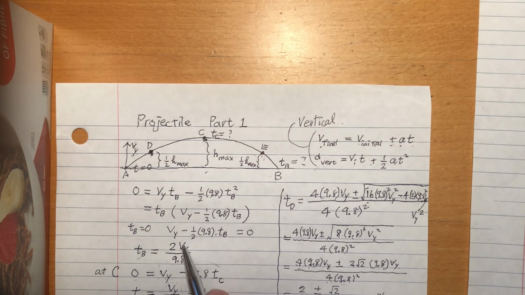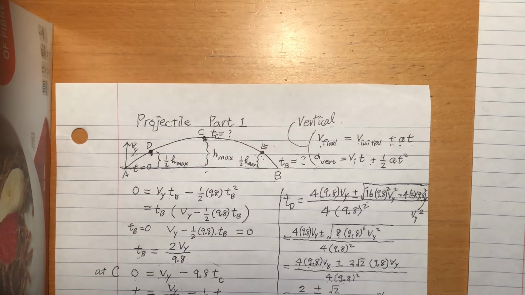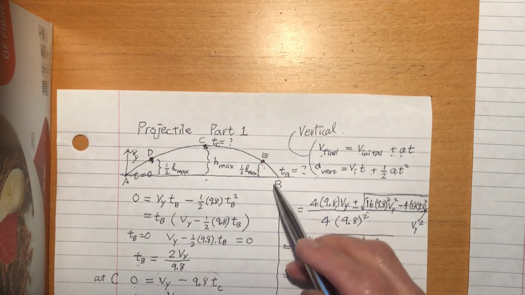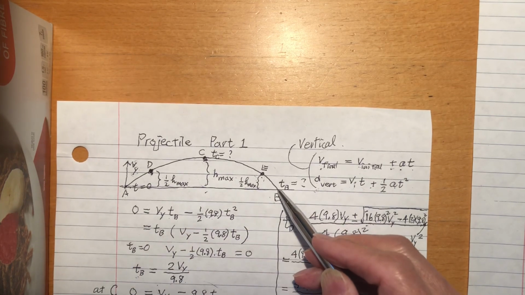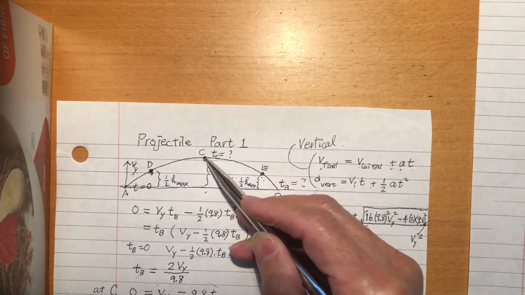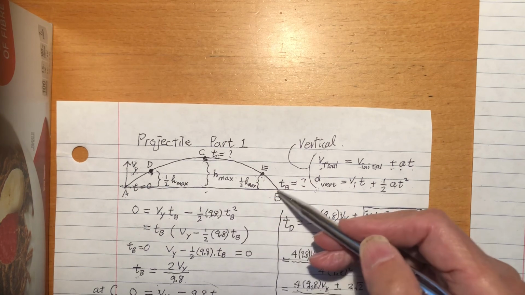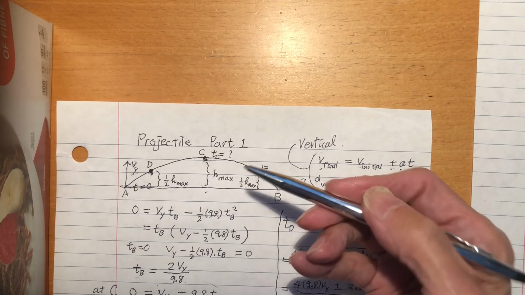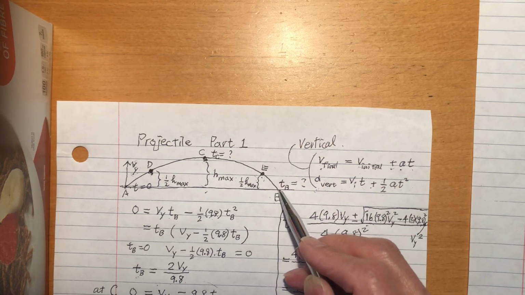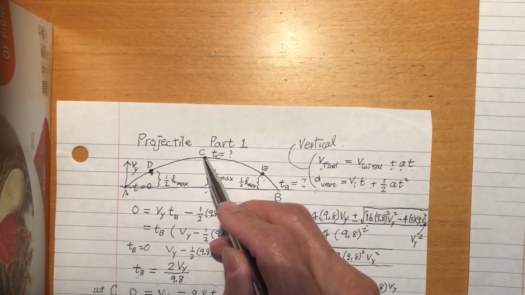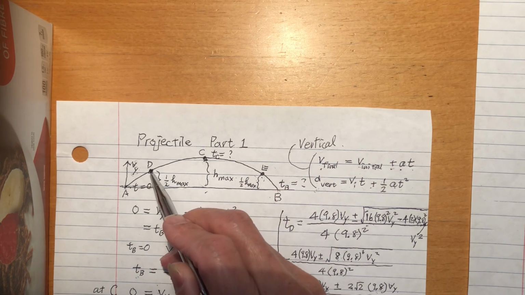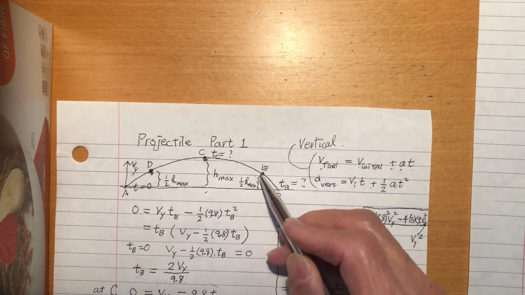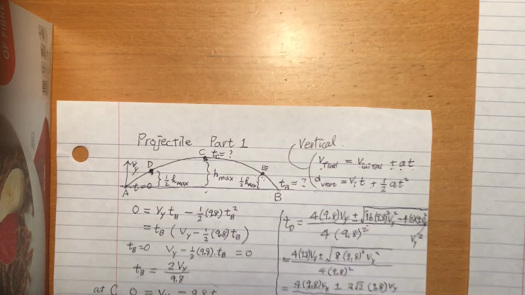If Vy is chosen to have a value of 9.8, then TB is 2. So it takes 2 seconds to reach B. And since this time is half the time here, so the time reached here is 1 second. So 2 seconds here, 1 second here, and 0.3 second here, and 1.7 second here.